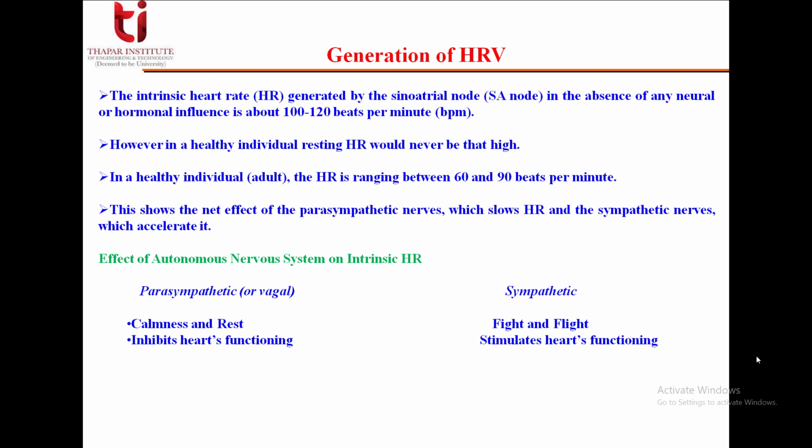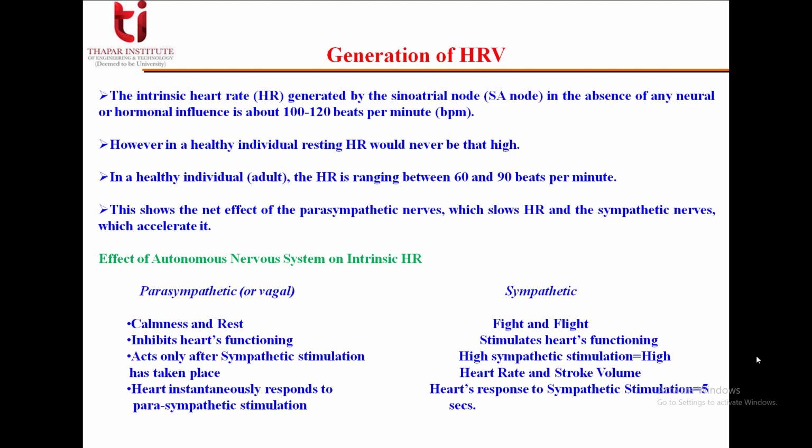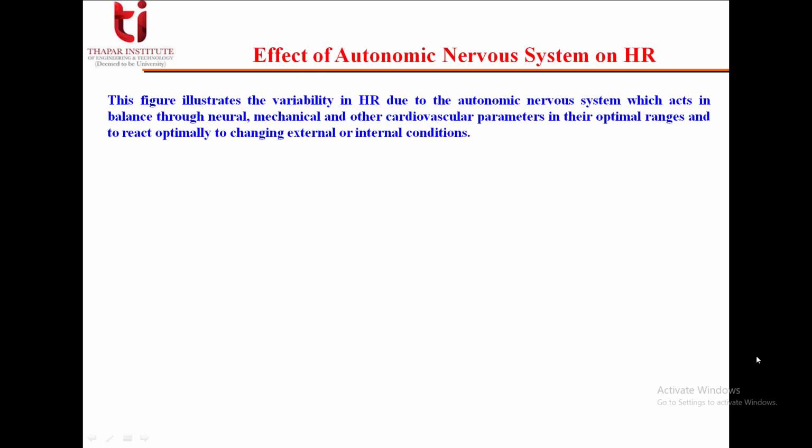Parasympathetic inhibits the heart's functioning, whereas the sympathetic stimulates it. Parasympathetic acts only after sympathetic stimulation has taken place, and high sympathetic stimulation normally equals high heart rate or stroke volume. The heart instantaneously responds to parasympathetic stimulation, whereas the heart's response to sympathetic stimulation normally takes about 5 seconds.